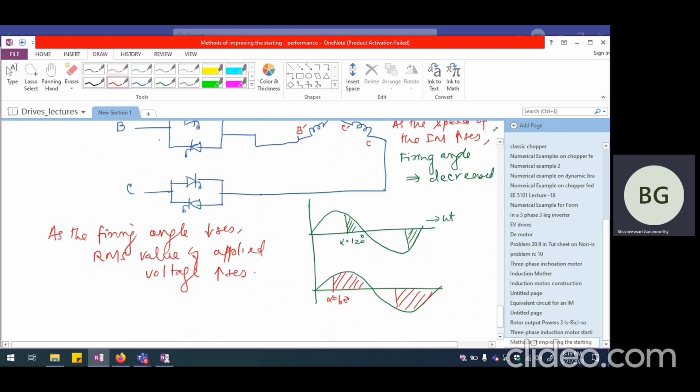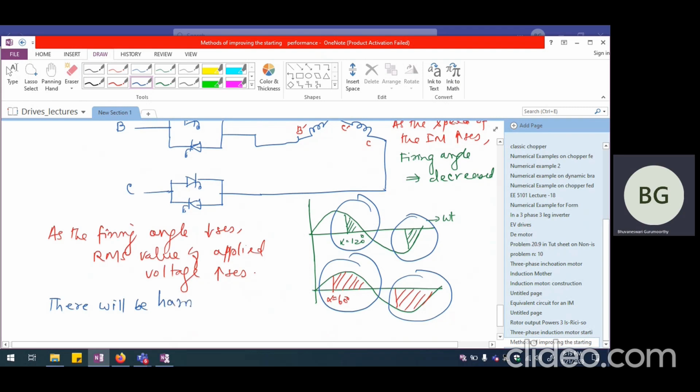The only problem with soft start is that the current and voltage are not at all sinusoidal when the firing angle is greater than 0 degrees. So there will be harmonics in the current drawn by the induction motor.